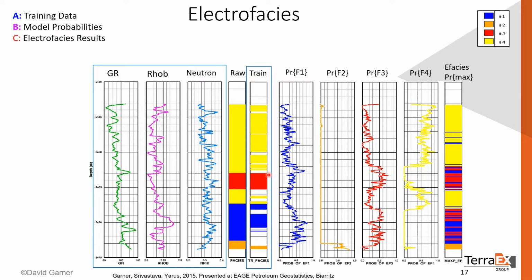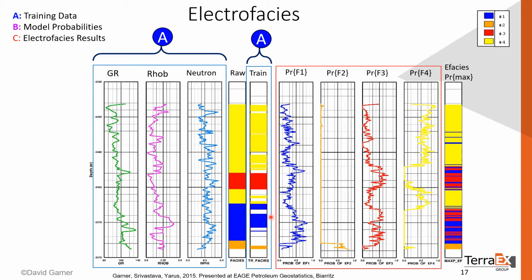And there you see a lot of cleanup of the tails, and that's what we use for the training. This then represents the training set, so three curves, cleaned facies.